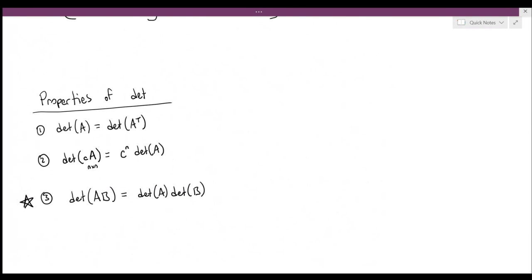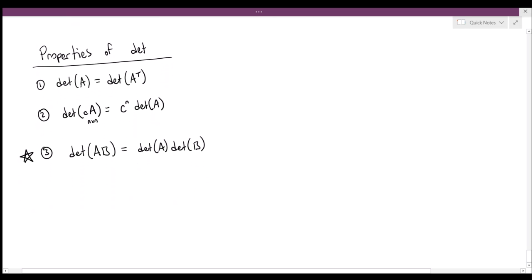But this one, I don't have the time to go into it, but this one has a very, very important geometric interpretation to it. But I won't be able to go into it, so I'll just state it like that.